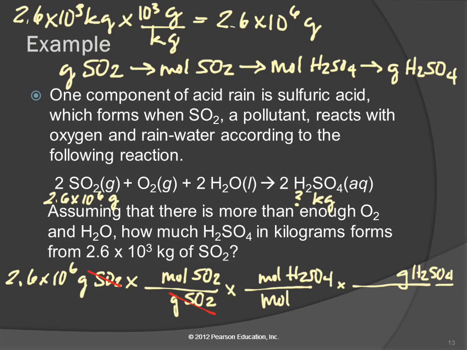Moles of SO2. And then those units cancel out. Moles H2SO4 goes in the denominator of the last one. There's a very firm pattern here, and it always ends up the same. The units are different, but the pattern is the same. So down here, we've got moles of H2SO4.